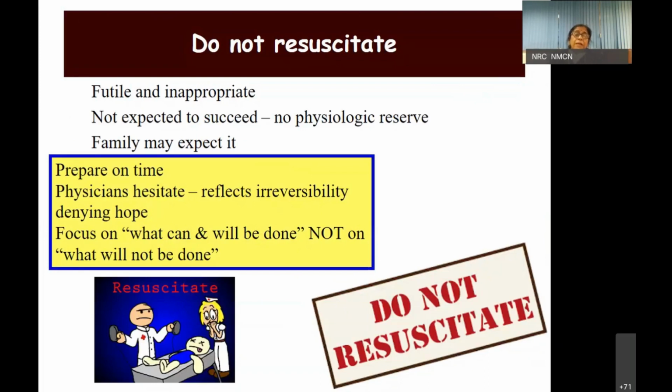We can introduce this concept of do not resuscitate, where we make the family expect death and then prepare them towards this, because now they realize the irreversibility of the whole process, and they know that this is inevitable. That saves a lot of further agony on the part of the family, and the patient also goes in a peaceful, dignified manner. But not always is it possible.